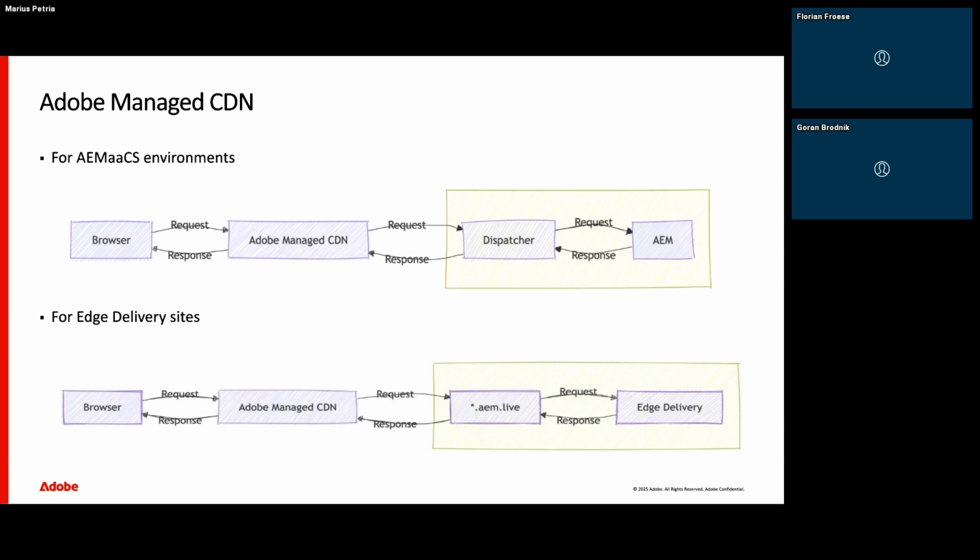But also recently it is provided also for edge delivery sites. So you can have an Adobe Managed CDN in front of an edge delivery site, in front of your AEM Live domain, and you can configure custom domains and certificates there. So you can go live with an edge delivery site entirely using the Adobe offering.